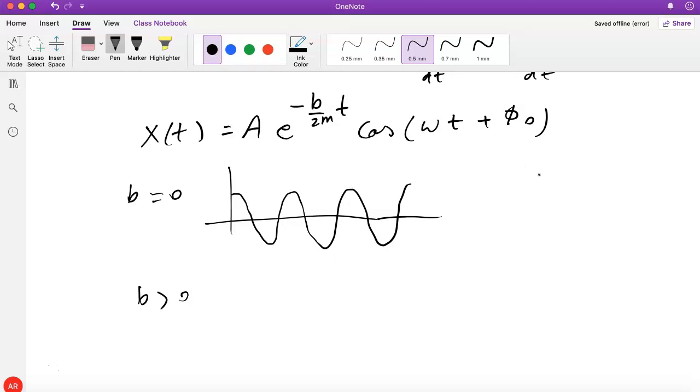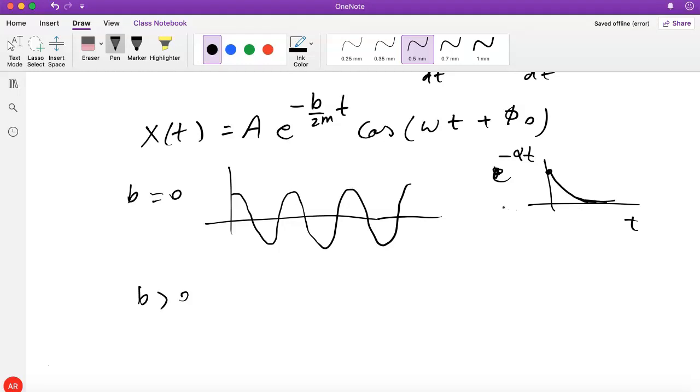So what does e to the minus something times t look like? Let's say this is t, and this is e to the minus some number, which in this case is b over 2m times t. Well, at t equals 0, it's 1. And when you make t large, it's going to come down quite rapidly. It's exponentially decaying.